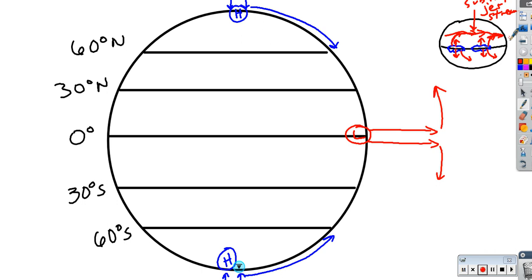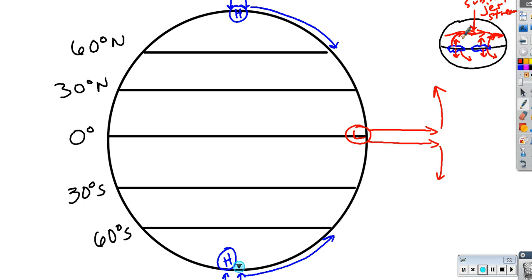And in the same way, because of the change in the rotational speed that the air experiences from going from the equator towards these higher latitudes, in order to conserve angular momentum, the air speeds up. So it's as if the arms of the Earth move inward like the ice skater.